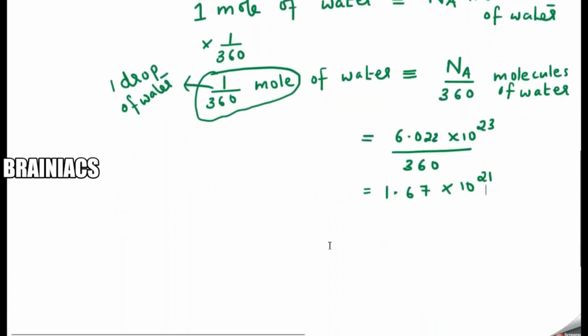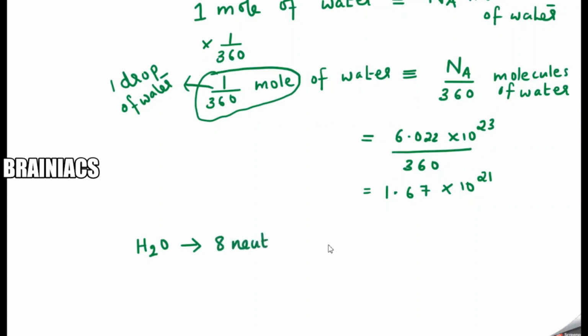Correct. So one molecule of water, H2O, how many neutrons are there? The number of neutrons in the case of hydrogen is equal to 0. For oxygen, we know the atomic number is 8. To get the number of neutrons, mass number minus number of protons, that is 16 minus 8, it will have 8 neutrons.